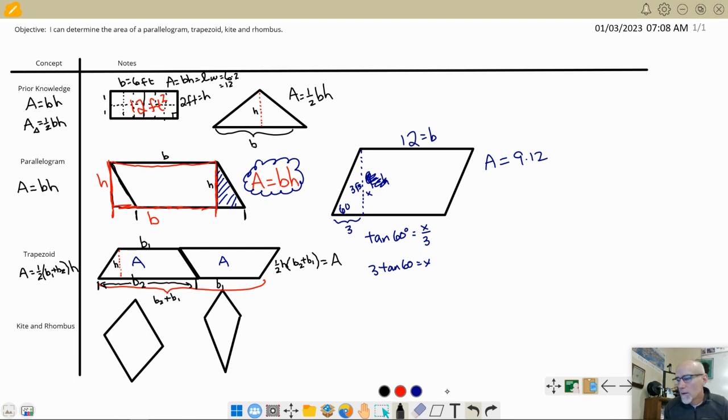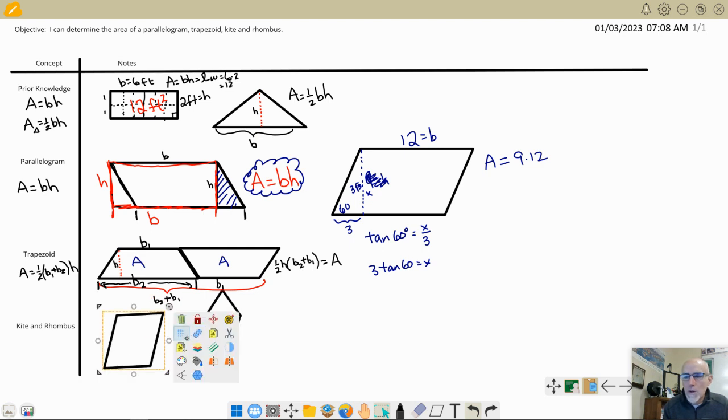All right. So a rhombus is really just a parallelogram. If I took this shape and rotated it back around so that it looks just like a parallelogram, well, if you knew the base down here and the height going this way, you could apply this formula right back here.